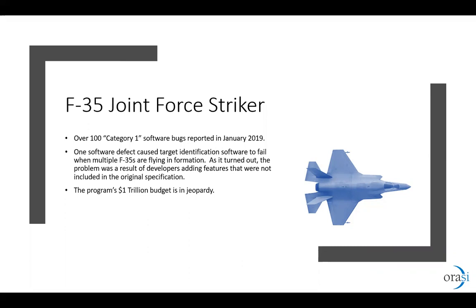And it was all because software developers were writing these pieces independently of each other and didn't have access to each other's components until it was too late, until this software went all the way into trial, and that's when they noticed the problem.